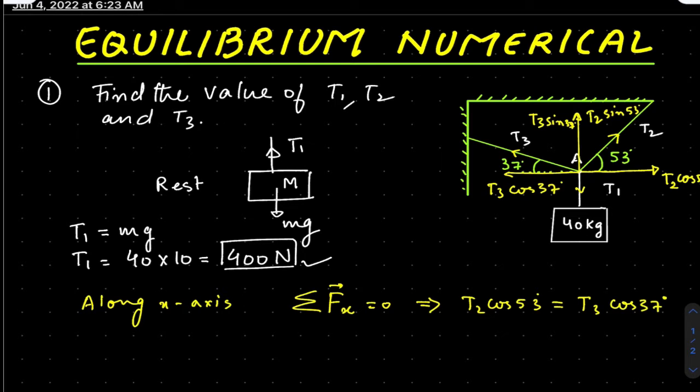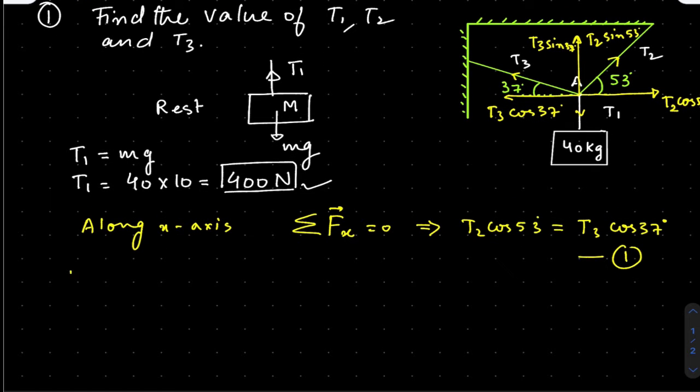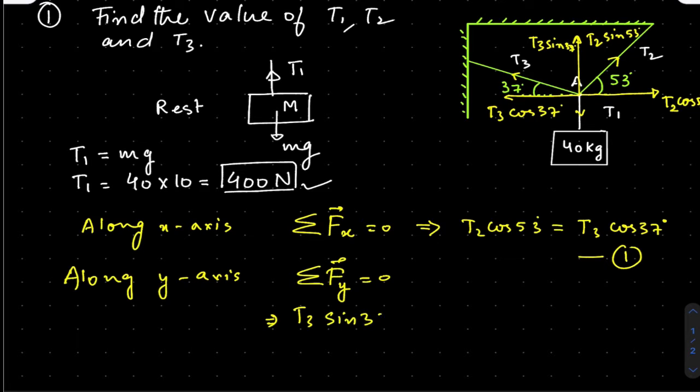Okay, and from the y-axis, this is our first equation. Along the y-axis, again the net force must be 0 to satisfy the condition of equilibrium. So it means total upward forces equal total downward forces. The total upward forces are T3 sin 37 degree plus T2 sin 53 degree, equal to the downward force, which is T1.